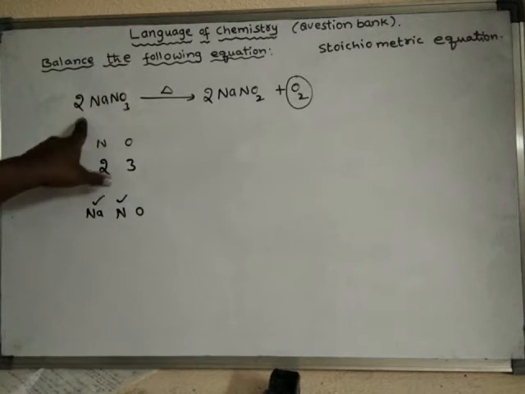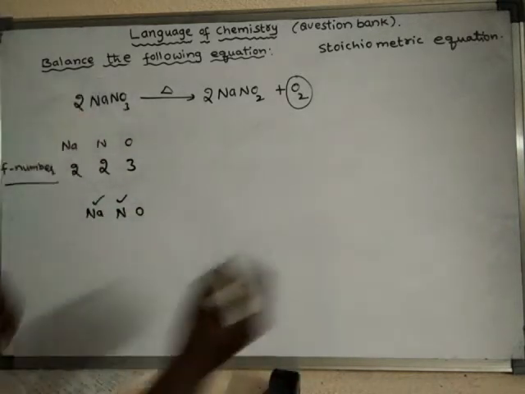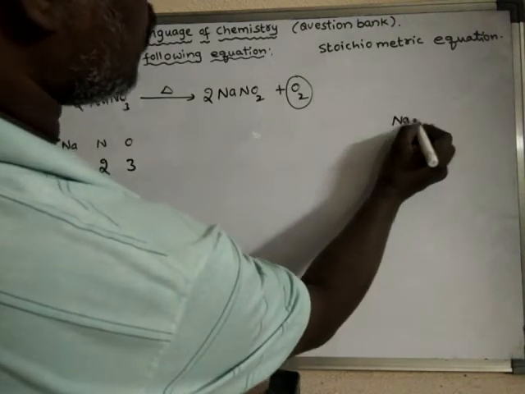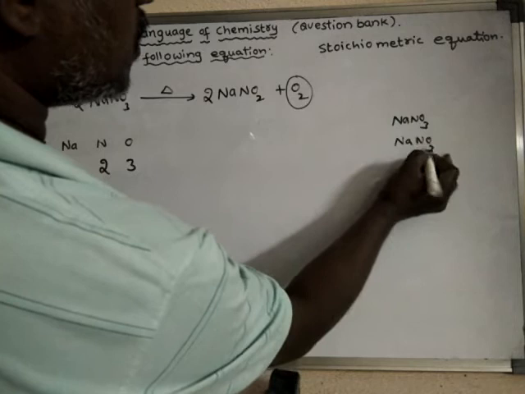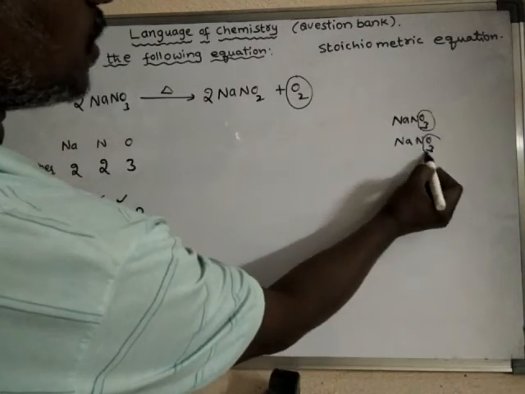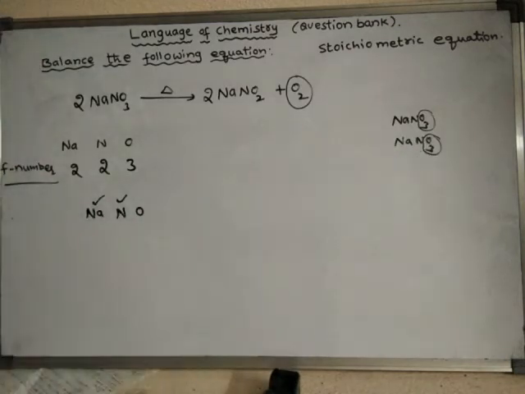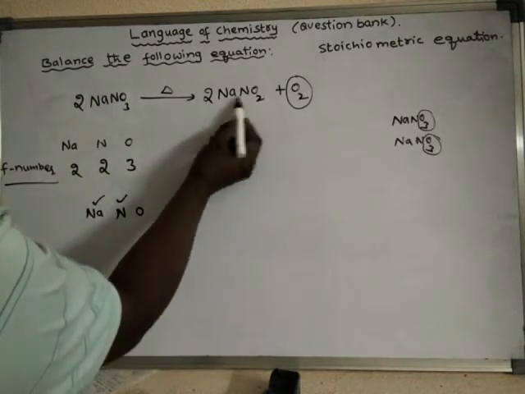Now how many oxygens are there? 6 oxygens are there, because there are 2 NaNO3s. That means one NaNO3 and another NaNO3. In this there are 3 oxygen atoms, and in this also there are 3 oxygen atoms. Altogether 6 oxygen atoms towards the reactant side. Now towards the product side, there are 2 NaNO2.